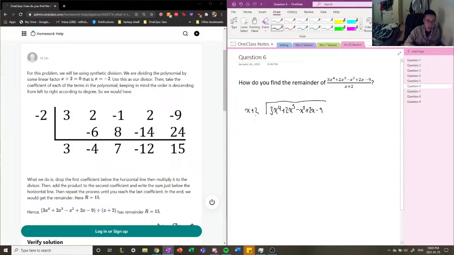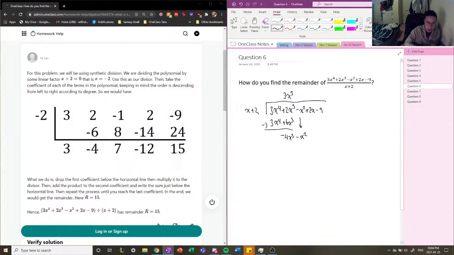Okay, we can multiply our divisor by 3x cubed. Okay, so if you multiply our divisor by 3x cubed, we get 3x to the power 4 plus 6x cubed. And if we subtract this, we get negative 4x cubed. So in the same way in normal division, you drag down a digit. In this way, we're also going to drag down the next term.